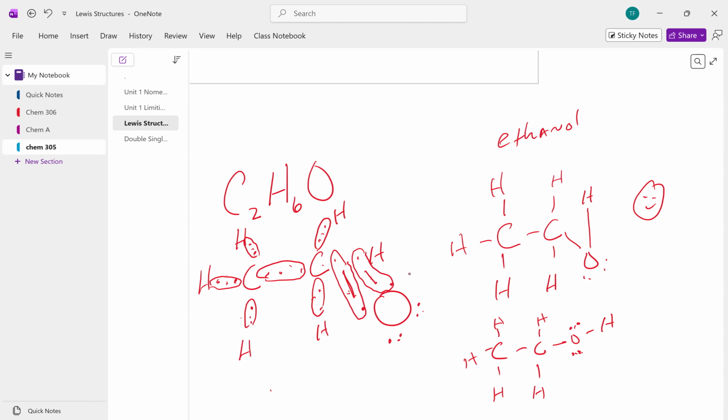Yes, exactly. Oxygen has 2 pairs and it has 2 bonds. Each bond has 2 because we're sharing electrons now. So we've got 2 bonds here, 2 and 2, and then 2 pairs. So that's where the 8 comes in.